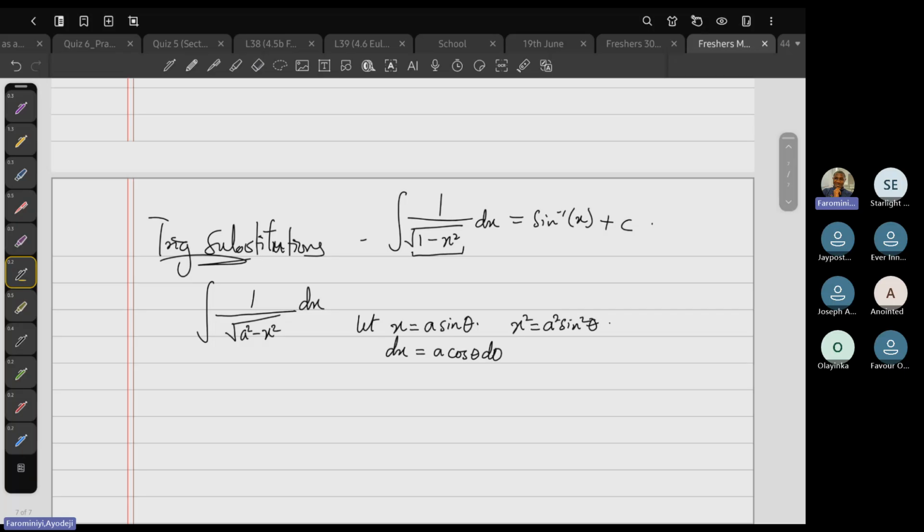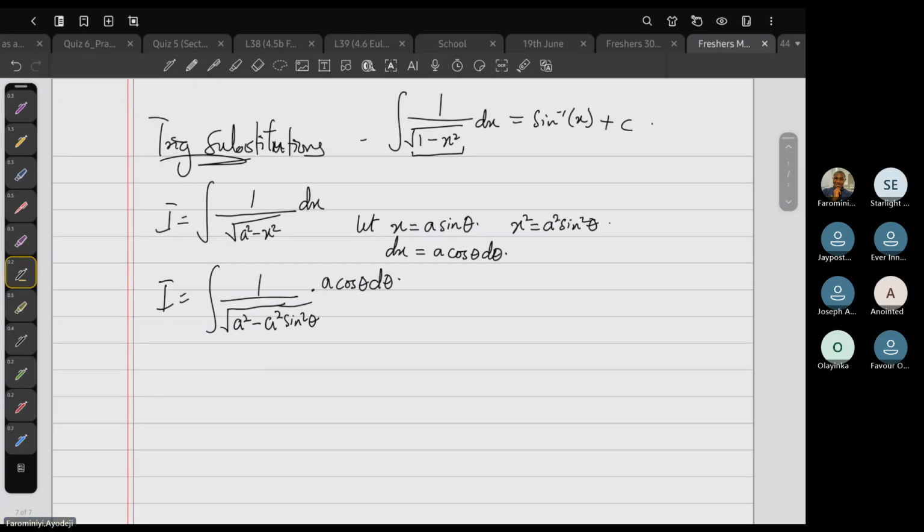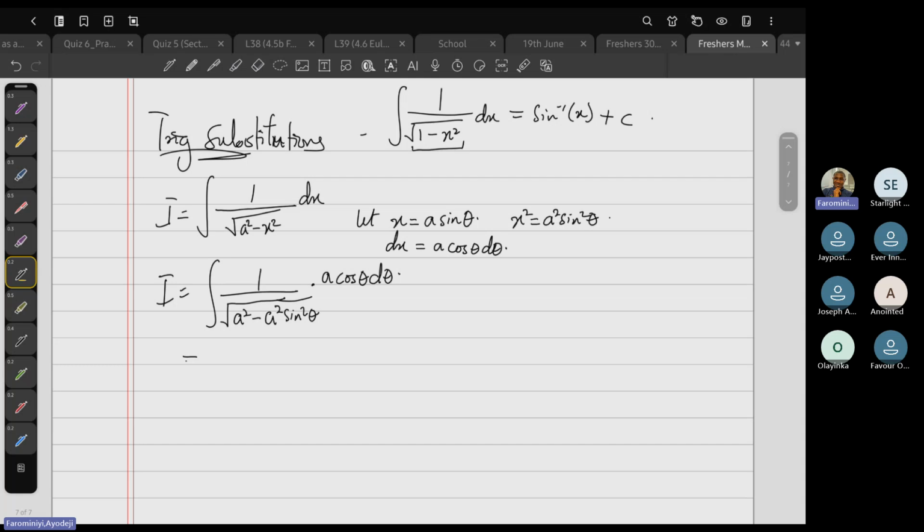So we can now rewrite the integral to be equal to 1 over square root of a squared minus a squared sine square theta times a cos theta d theta. Are you with me? So this is the integral of a cos theta over square root of a squared into 1 minus sine square theta d theta.